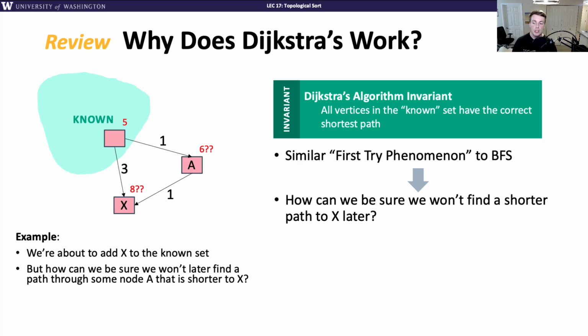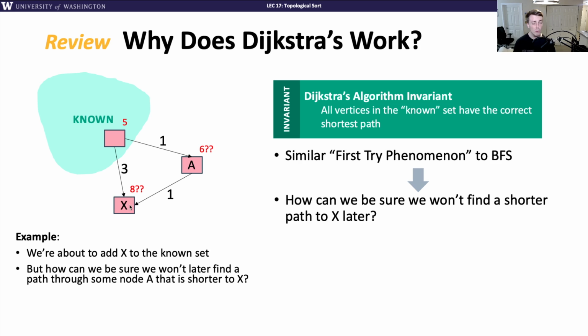So I would argue to you that the key worry you might have in Dijkstra's is, suppose you have this known set, you've run Dijkstra's so far, you have all of these nodes that are known, and say this node that doesn't have a label in it is distance 5 away from the start. And we're considering this vertex x that has an edge weight of 3 between it.